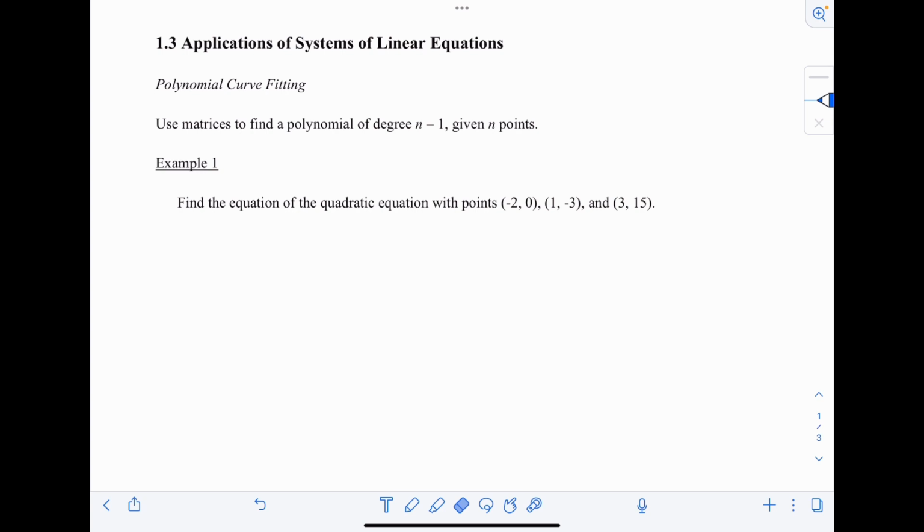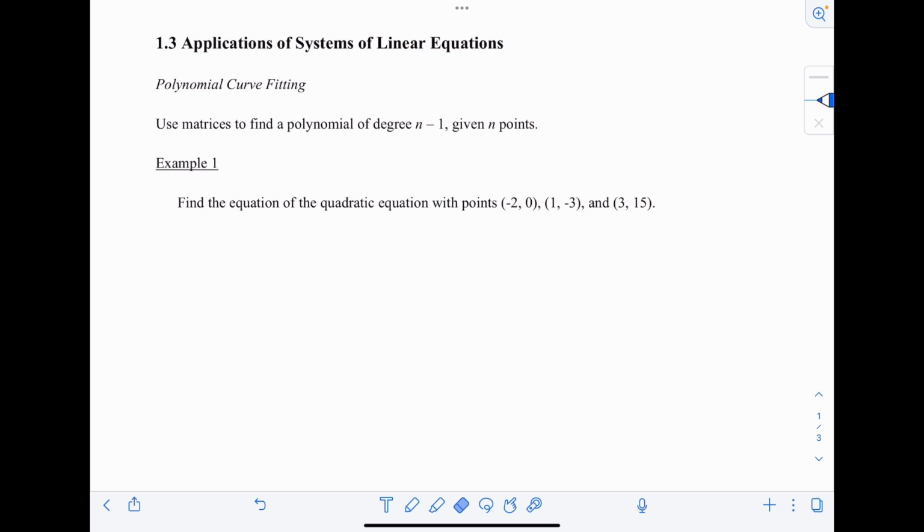One of the things to mention here, to start off, is that when we talk about polynomial curve fitting, what we're talking about is, given a certain number of points, finding the curve that passes through all of those points. This isn't like finding a curve of best fit or anything like that. It's specifically finding the curve that will pass through each of those points.